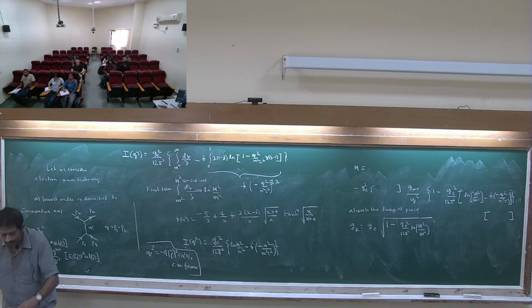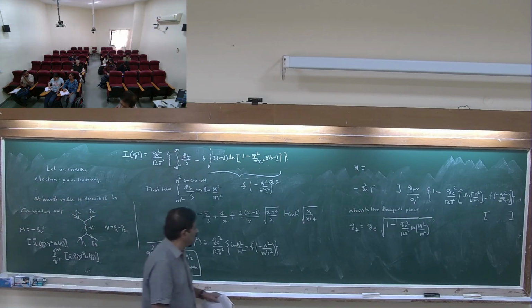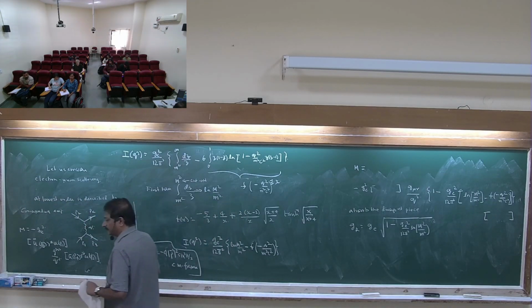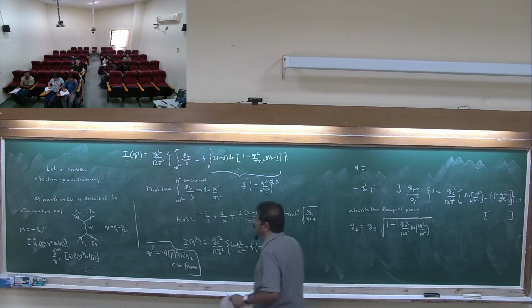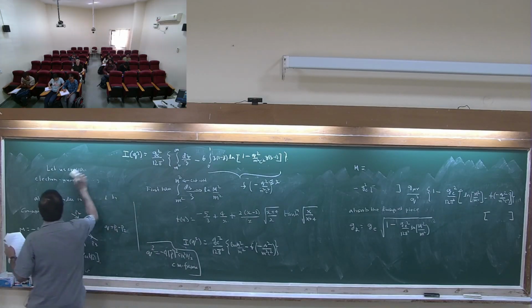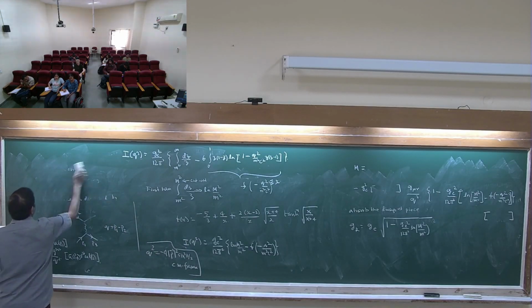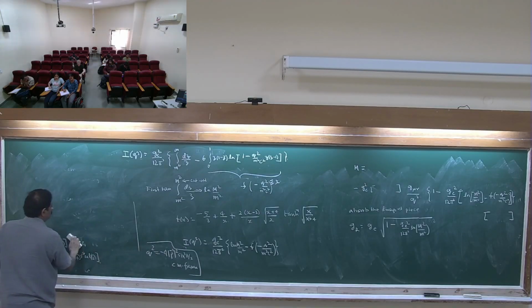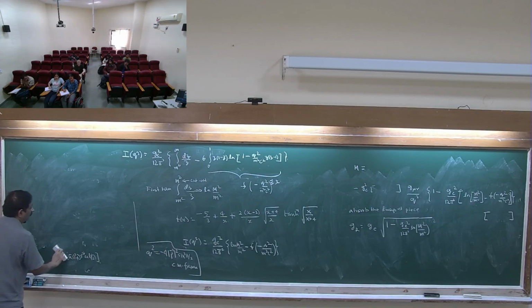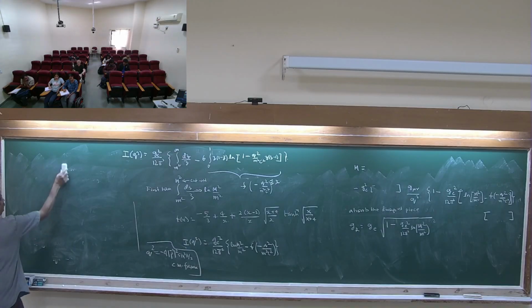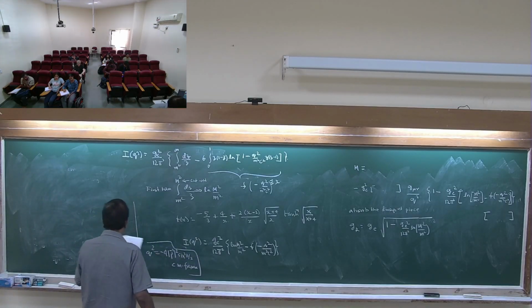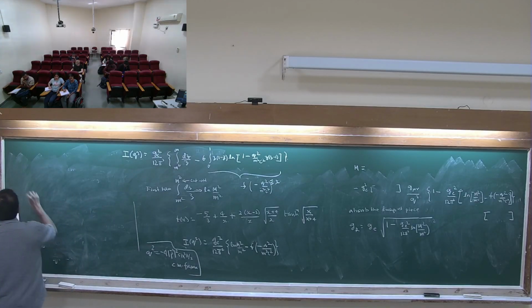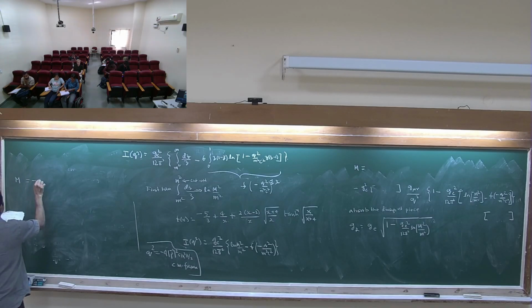So if you have now done this reabsorption of this infinity into a redefinition of the charge, then you have a perfectly finite matrix element, but with a correction that is of order g to the 4. So we end up with a perfectly well defined matrix element now, minus GR squared.